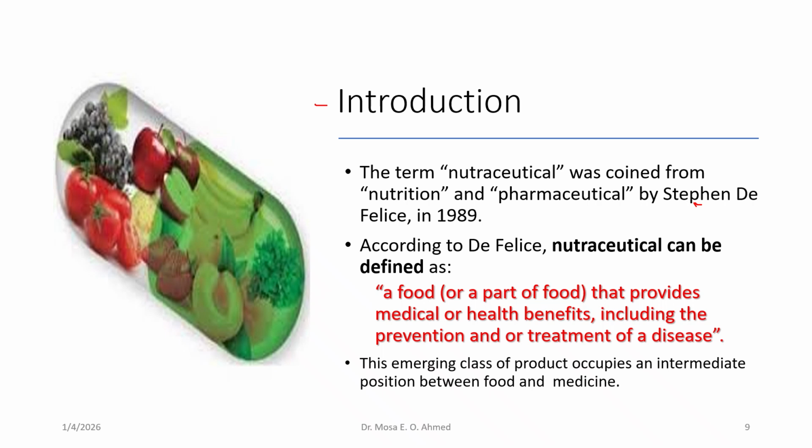And according to DeFelice's definition, nutraceuticals are considered an emerging class of products, occupying an intermediate position between food and medicine. And as we mentioned, the origin of the term is a combination of part of nutrition and part of pharmaceuticals, becoming nutraceuticals.